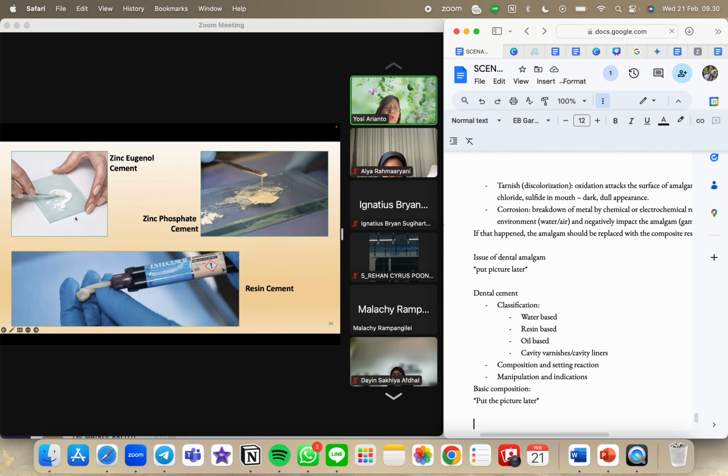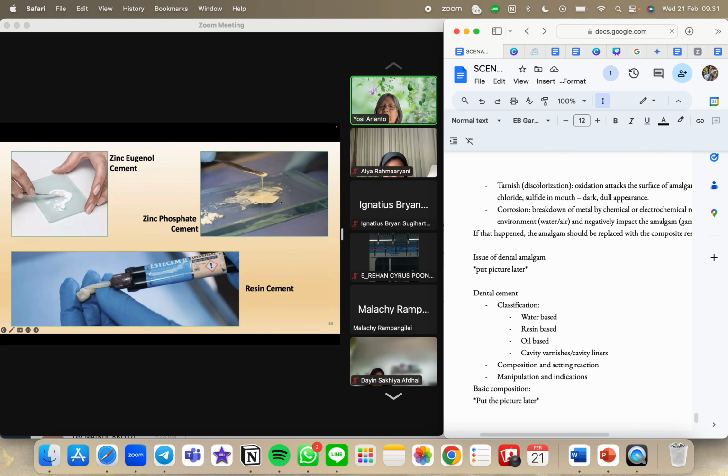We usually use the mixing glass here, or a broader glass mixing slab, so it is very easy to mix.